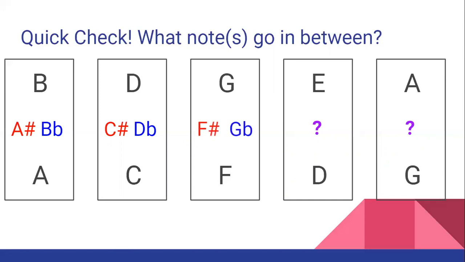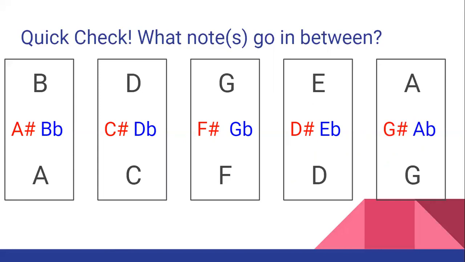You could have said F sharp or G flat. What are the enharmonic tones that come between D and E? D sharp and E flat. What are the enharmonic tones that come between G and A? They are G sharp and A flat.